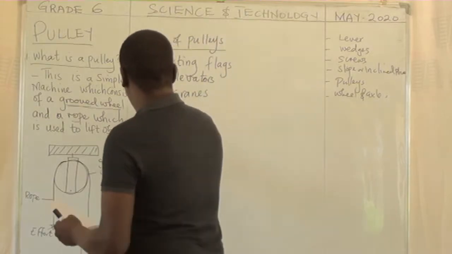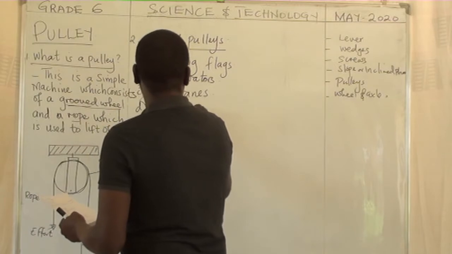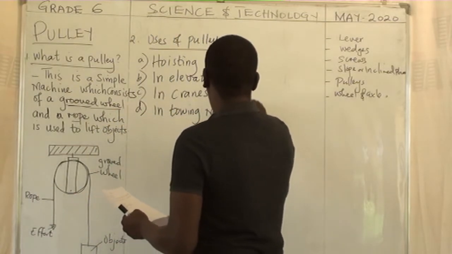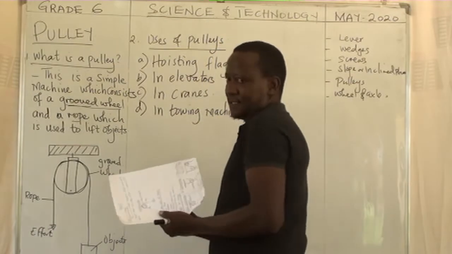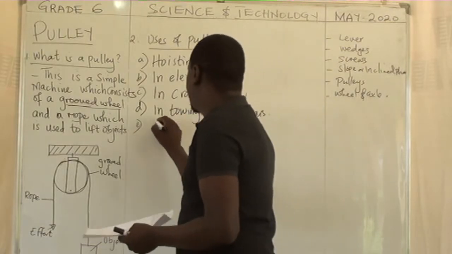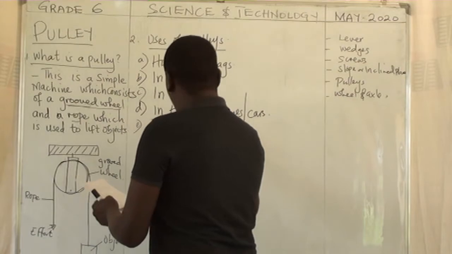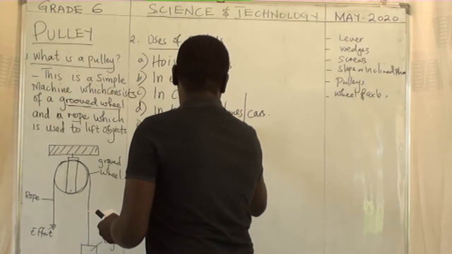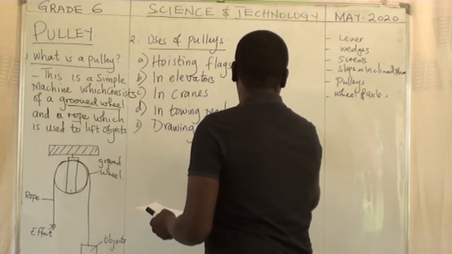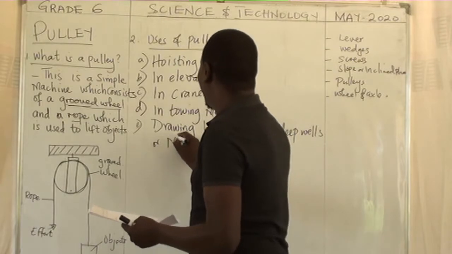Number four, the pulleys are also used in towing machines or cars. Number five, we also use pulleys in drawing buckets of water from deep wells or the mining areas.